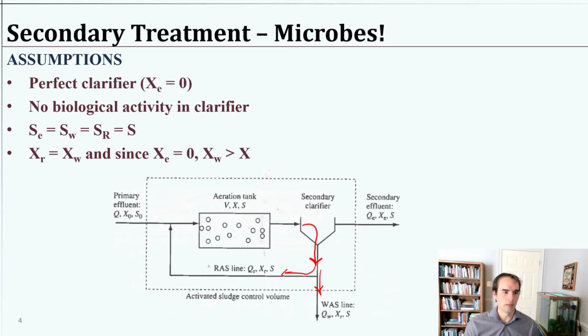They split in either direction based on, whatever we are wasting is not going to the recycle, or on the flip side, whatever we're recycling is not going on the waste. But we can know the concentration based on the flow rate here and the amount of X we have here, because all of the bacteria are going that way. It simplifies a lot of our calculations.